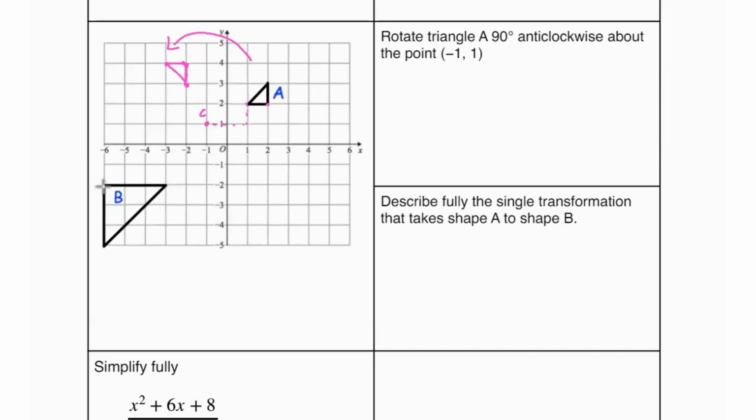And if we match the points with one another, we can see that the center of enlargement is, as you can see, all the lines are intersecting at (0, 1). So the center of enlargement is (0, 1).